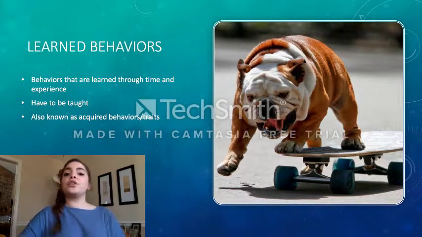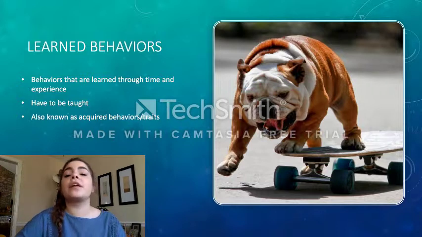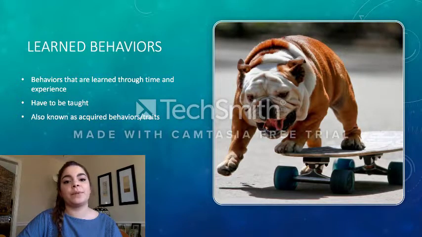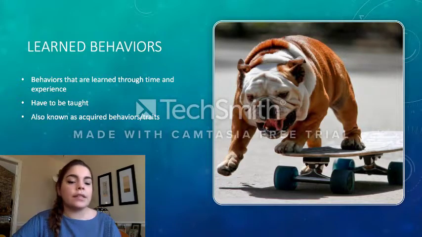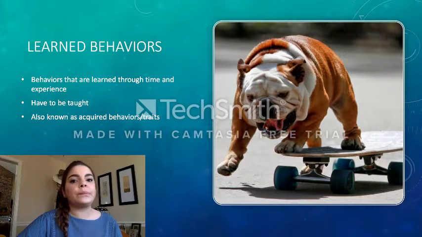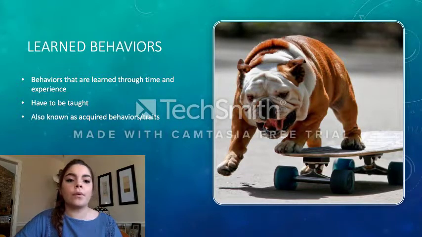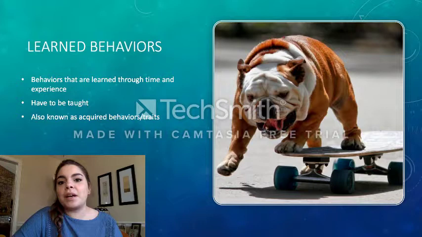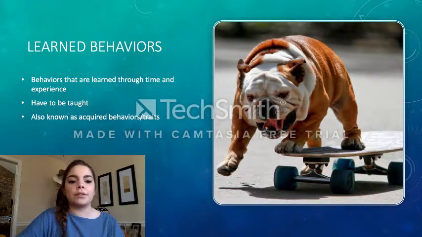So moving on to learned behaviors. These are behaviors that are learned through time and experience. These traits have to be taught. It's not something that they're born knowing to do, or that is in their DNA. It has to be taught by someone like a mother or a father, or someone else who is close enough to that animal or person to pass on that information.